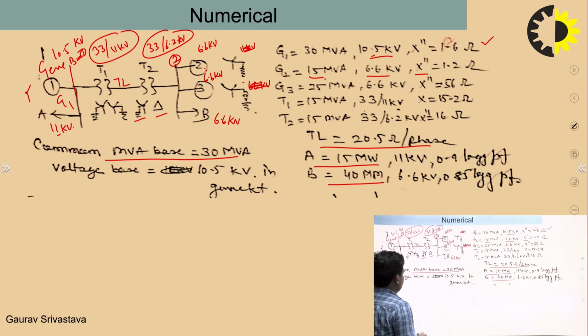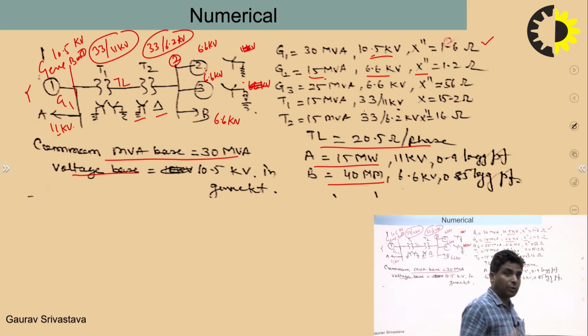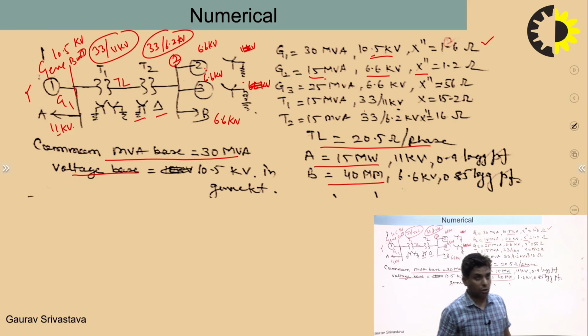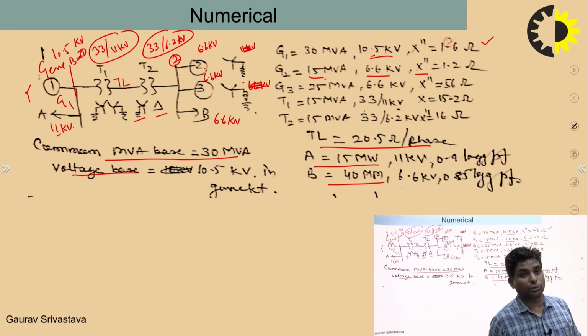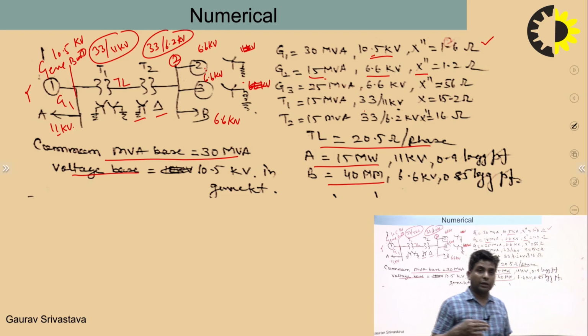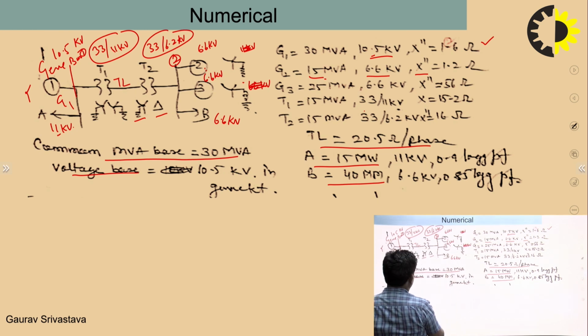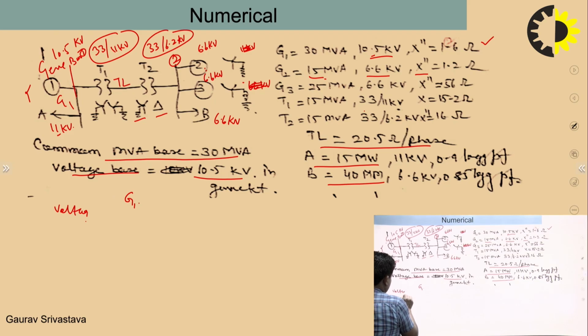In every numerical of power system analysis we have to select our own common MVA base and common voltage base for the complete system, so that the calculation becomes easier. We have chosen the common base 30 MVA and the voltage base 10.5 kV in the generator circuit. Now we have to find out the voltage.